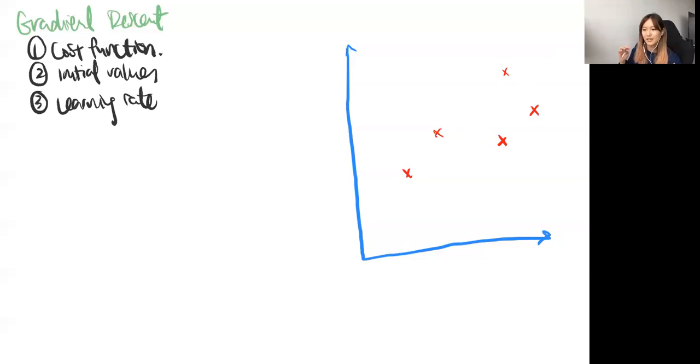With gradient descent, you always start with some arbitrarily decided initial values. For different models, you actually get to input different initial values. I believe that linear regression starts with an intercept of the average and everything else at 0. I believe that's how it works. What that means is our initial line that it's going to test out first is a flat line like that.